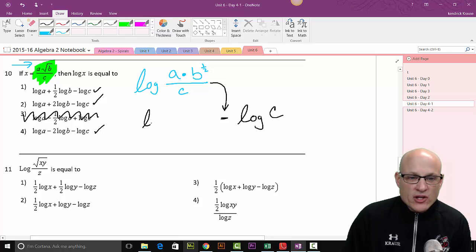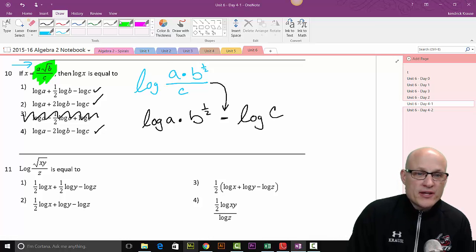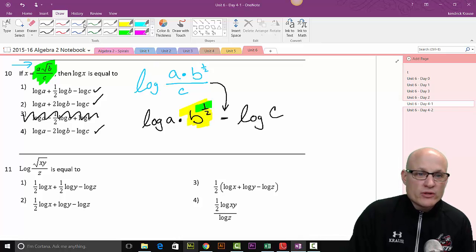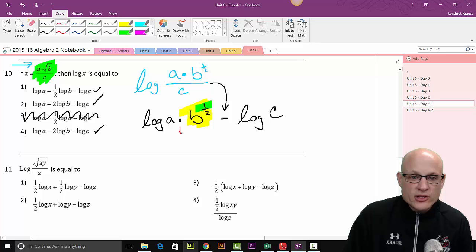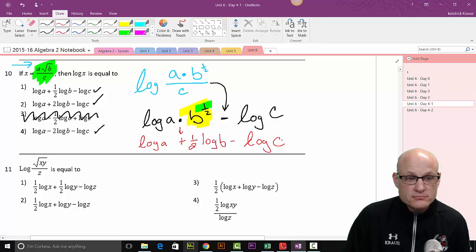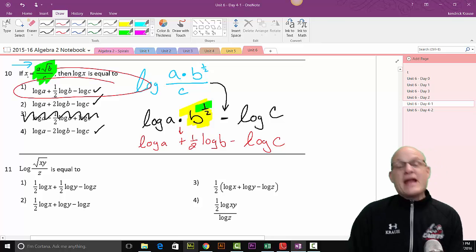And then this side is the log of a times b to the 1/2. Now the only thing that has a 1/2 is the b, not the a. So when I rewrite this, this thing turns into a plus. So I get log of a plus 1/2 log of b minus log of c. There it is, kids. Wham!